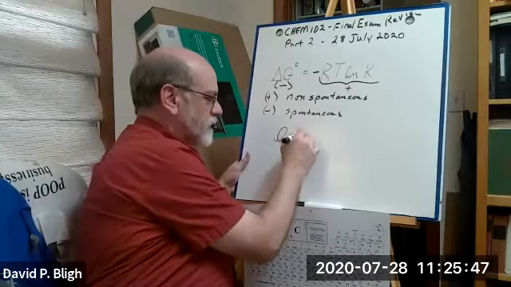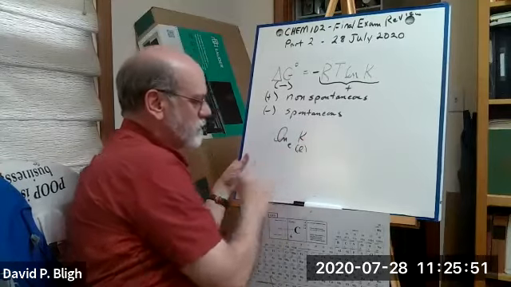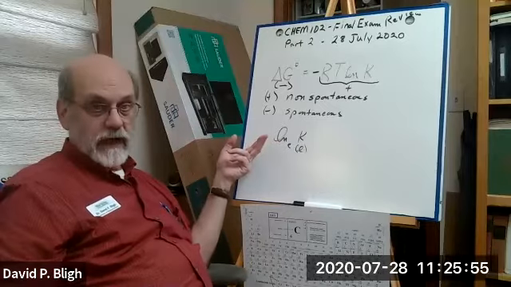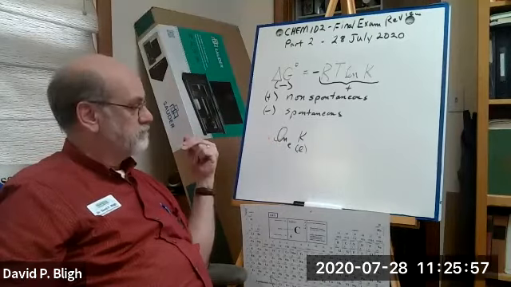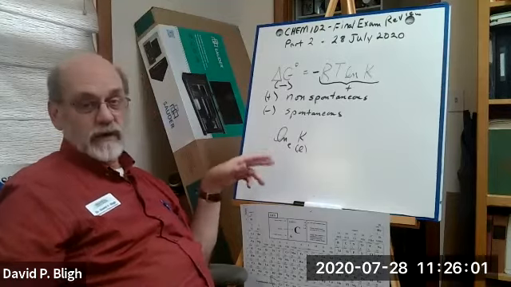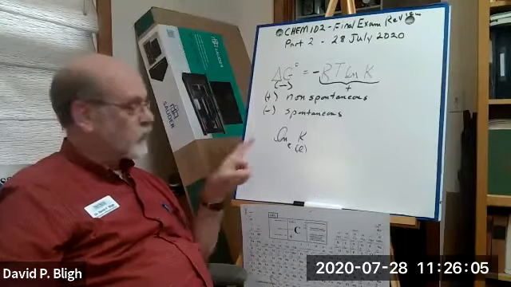Right? So if K happens to be equal to e, then e to what power equals e? e to the 1 power, right? So K would be 1.